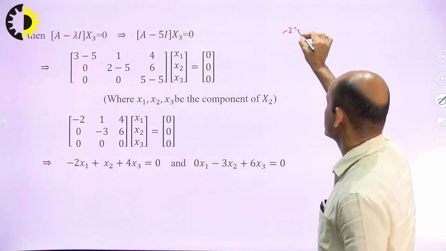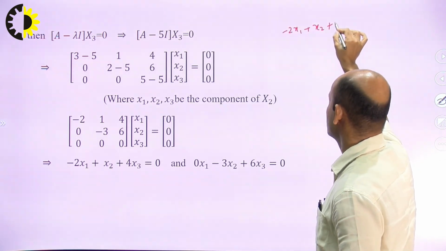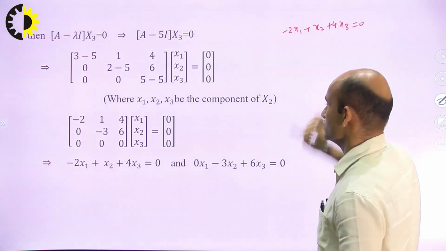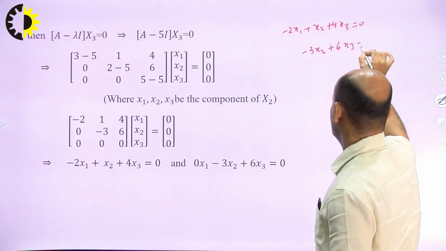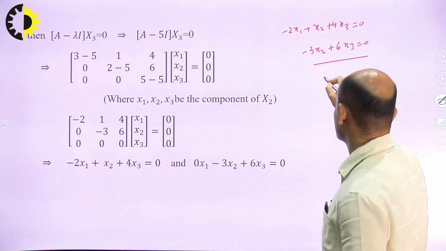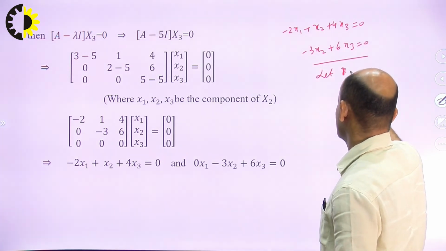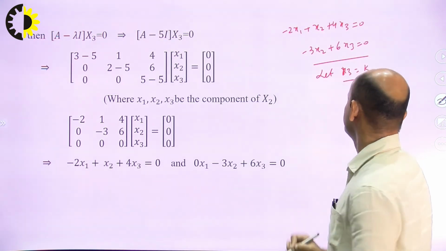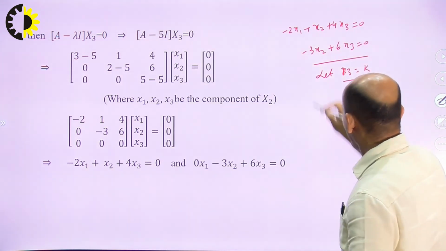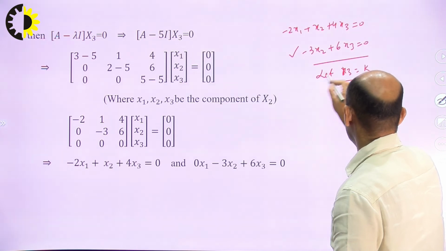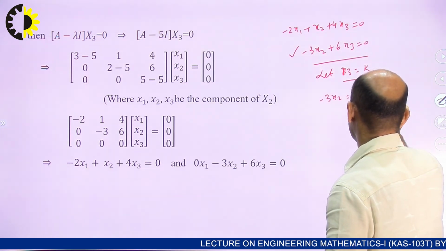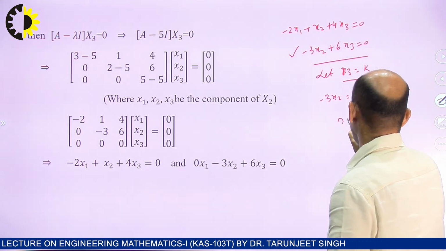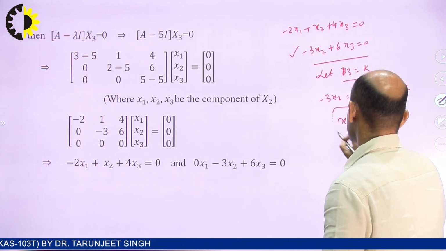Then we have minus 2x1 plus x2 plus 4x3 equals 0, minus 3x2 plus 6x3 equal to 0. Let x3 be k. Then what will be the value of x2? We have minus 3x2 minus 6x3, or minus 6k. So x2 will be 2k here.